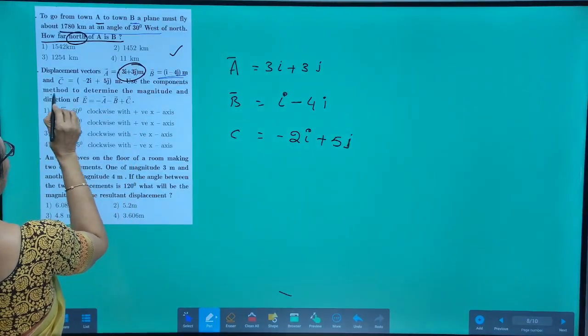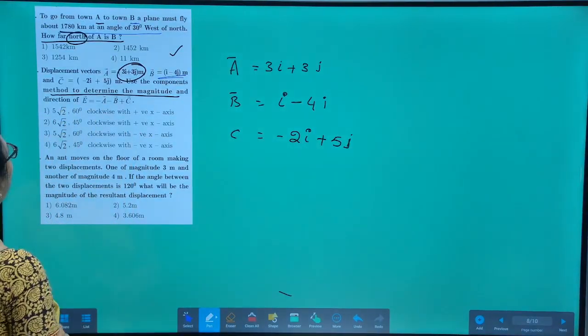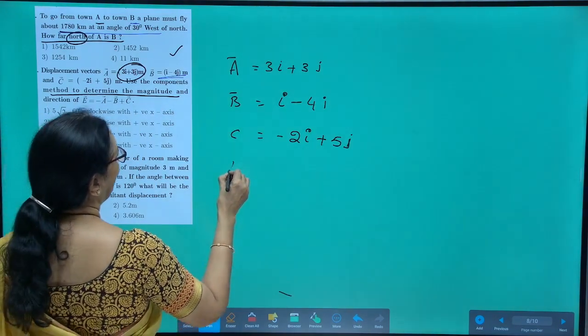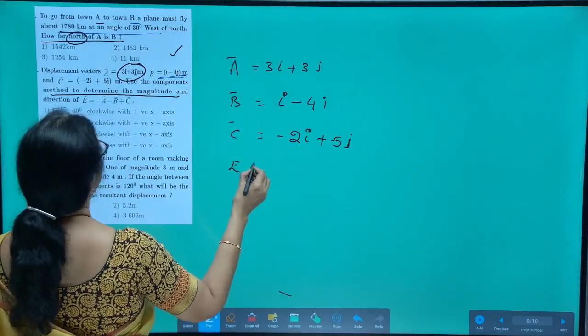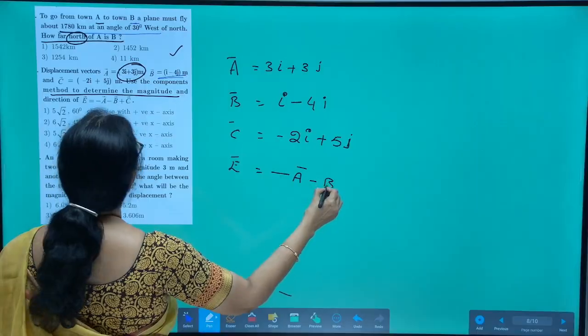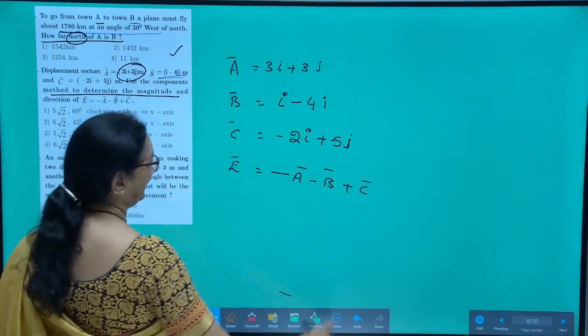Use the components method to determine the magnitude and direction of E bar, which is given as minus A bar minus B bar plus C bar.